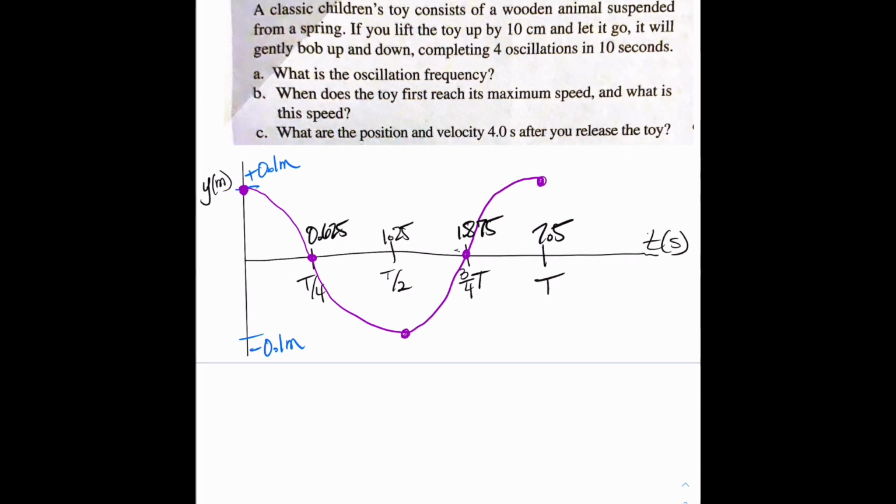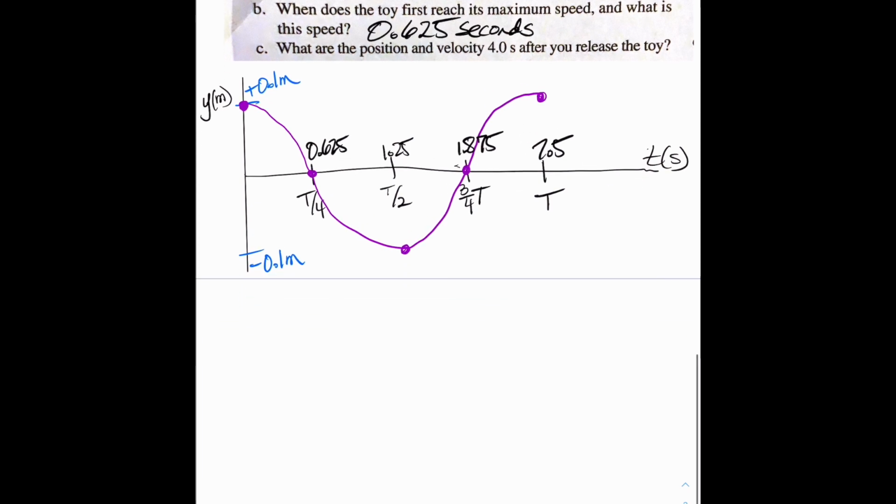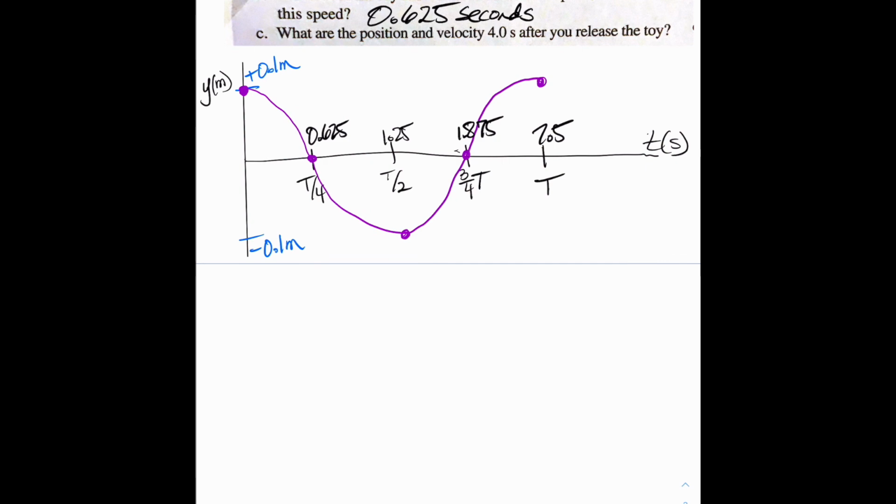So when does the toy first reach its maximum speed? It would be when it's at equilibrium for the first time, and that would be 0.625 seconds. Now, what is this max speed? That's where we want to use the formula we just used a second ago.